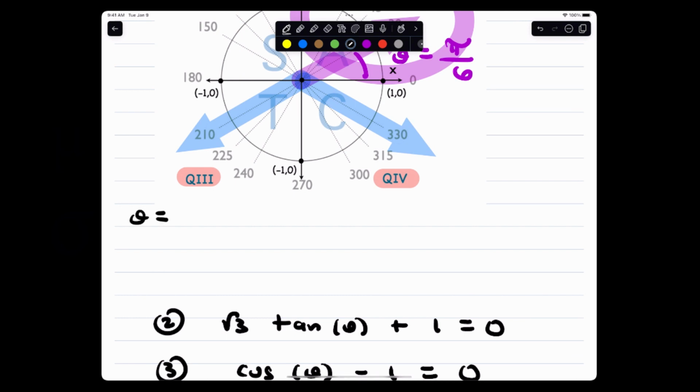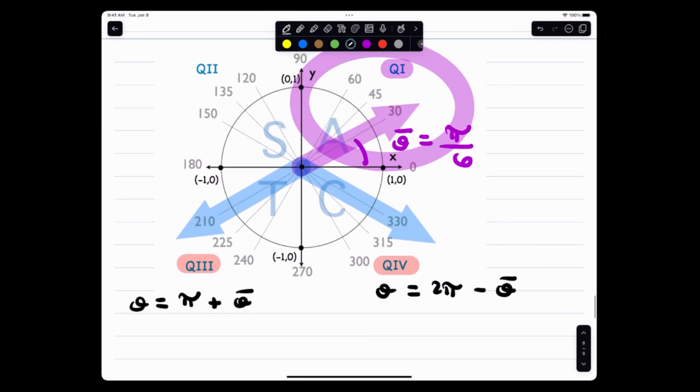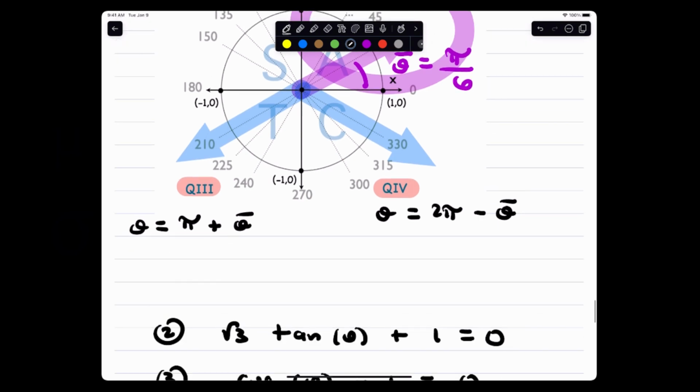Theta equals pi plus the reference angle, and for an angle in quadrant 4, theta is 2 pi minus your reference angle. So quadrant 3 and quadrant 4 are the angles they're looking for. You found the reference of pi over 6.